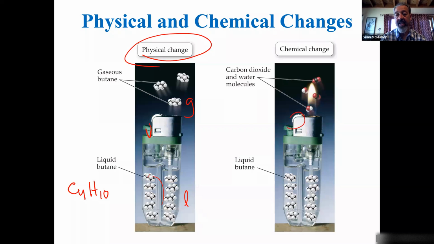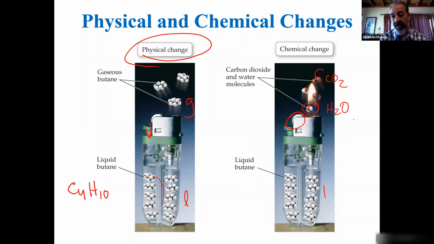But if I ignite it with a spark, so I need something to initiate the burning, right? So the wood in the fireplace doesn't spontaneously combust, right? I gotta give it a little bit of energy to get it going. So if I give a little spark, now I can burn the butane, and I can now produce, and you see it here, CO2, the middle one, the black ball is your carbon, and the two red are your oxygens, and H2O.